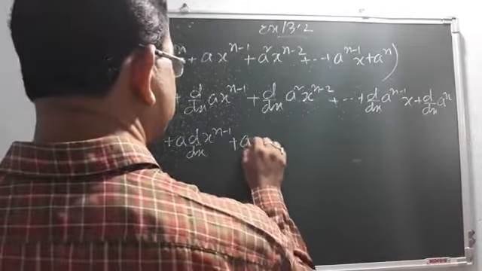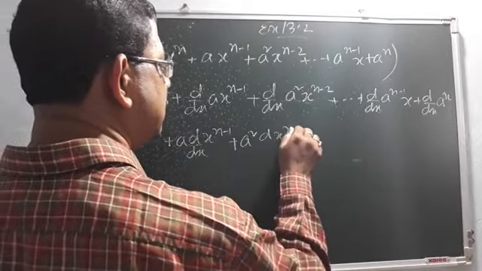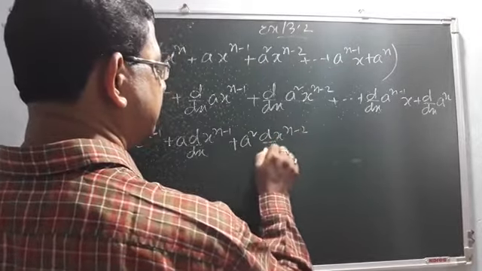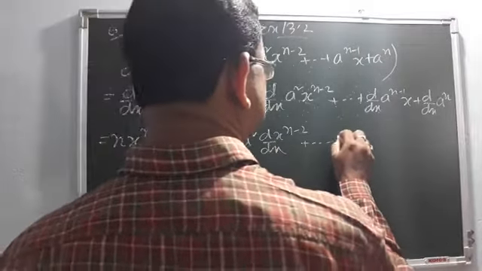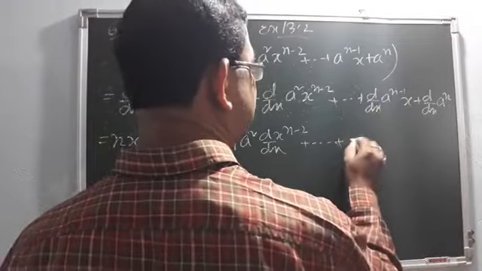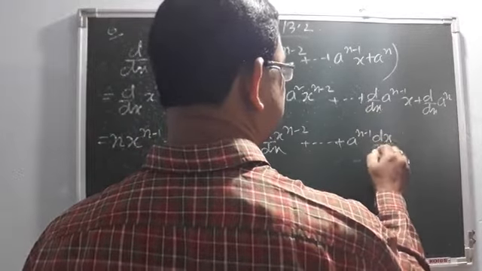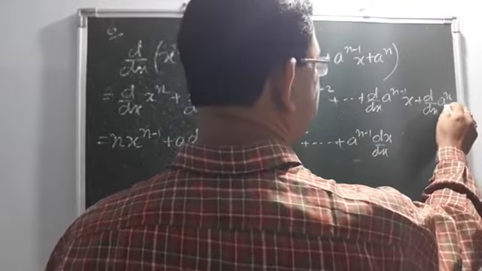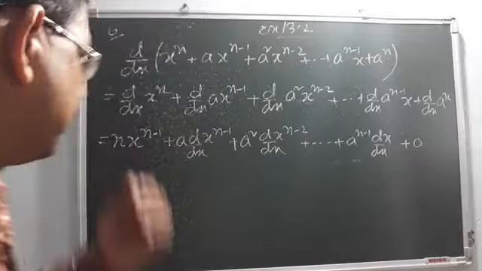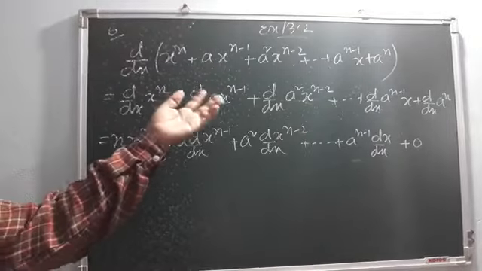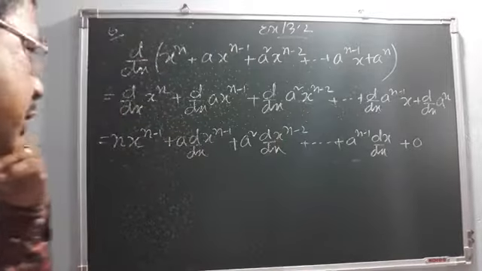Here also a square will come out, and we have to differentiate only this one, plus dot dot dot, a to the power n minus 1 will come out, d dx of x. It is a purely constant, so its differentiation is 0. So students, what we have done, all the constants we have taken out of this derivative.